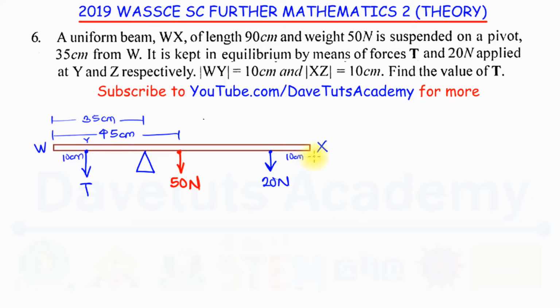From the 20 newton force to X, so this is point Z. And we are now being asked to find the value of T.